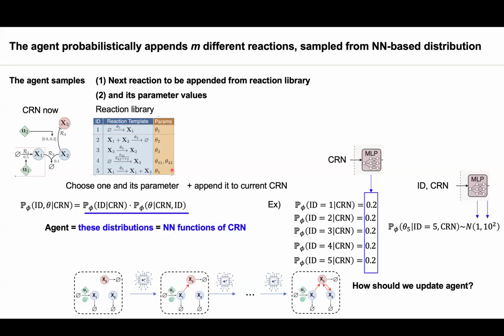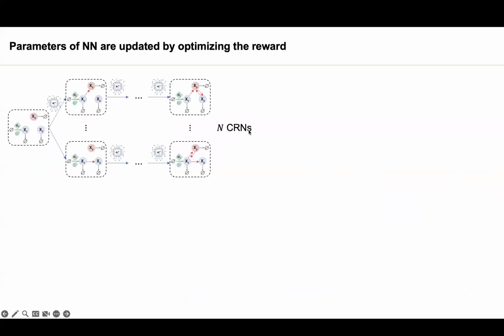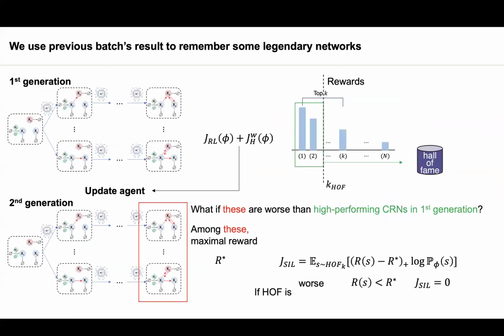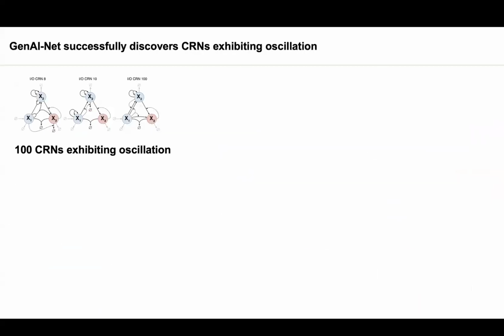of MLP, because how can we get a CRN as an input? How can we transform a CRN into a numerical value? Actually, it's in the appendix.